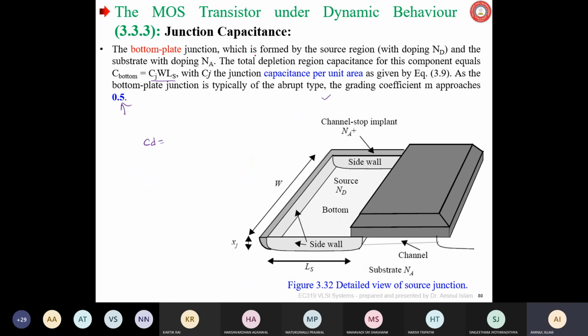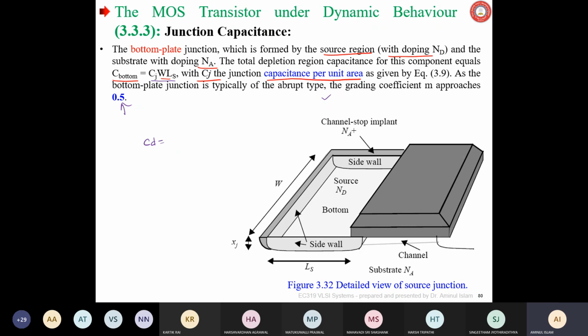See, the bottom plate junction is formed by the source region with doping Nd and the substrate with doping Na. The total depletion region capacitance of this component equals C bottom, that is Cj W LS. Cj is the junction capacitance per unit area, so Cj should be multiplied by the area.